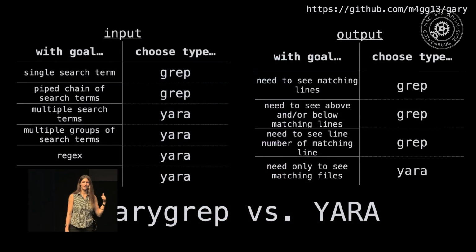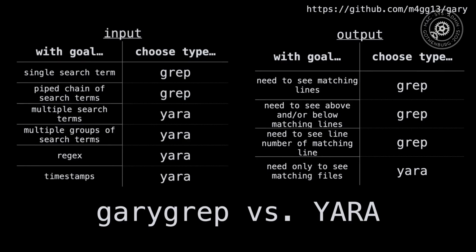So here's a table that I have also in the README of the repo that describes what different conditions you might have about what you need for your input or what you need for your output, and how those needs are best met through one type of search or the other.